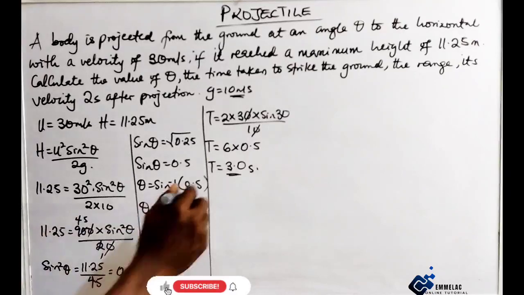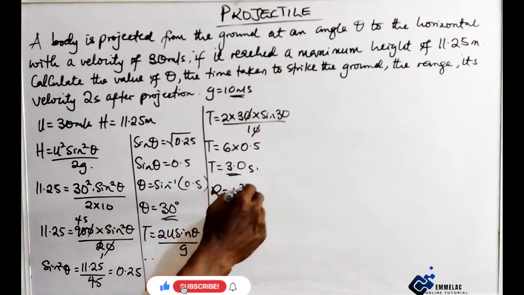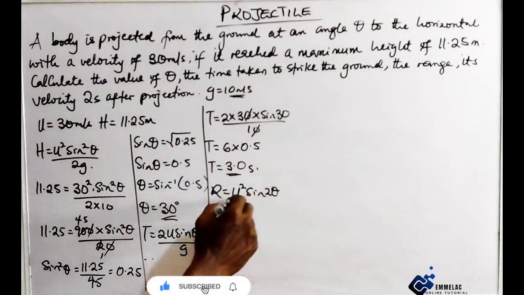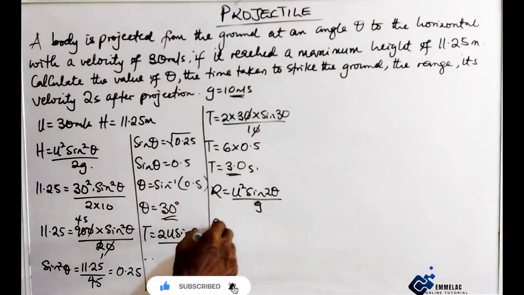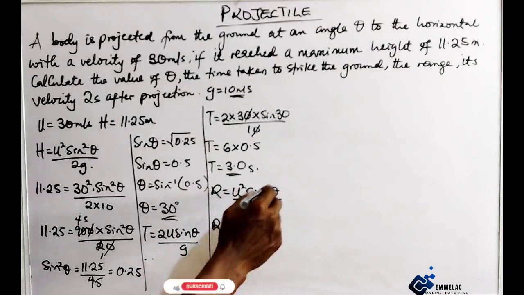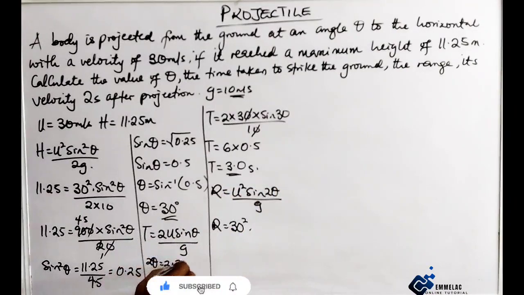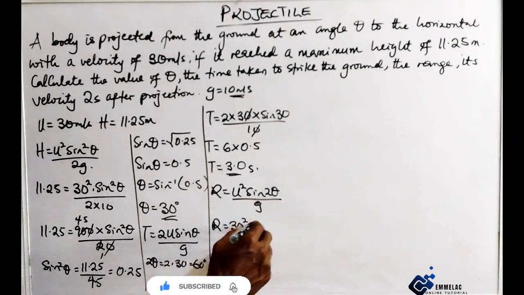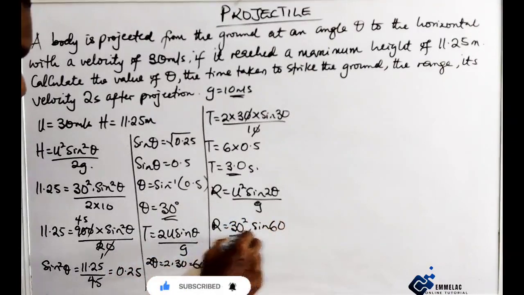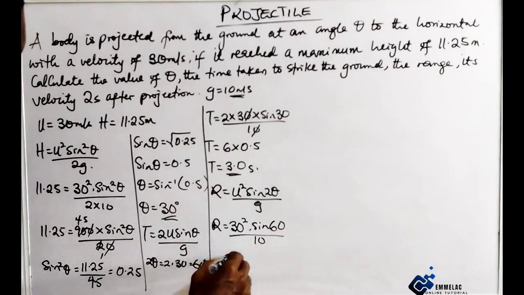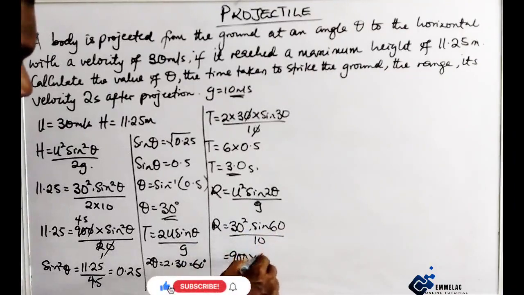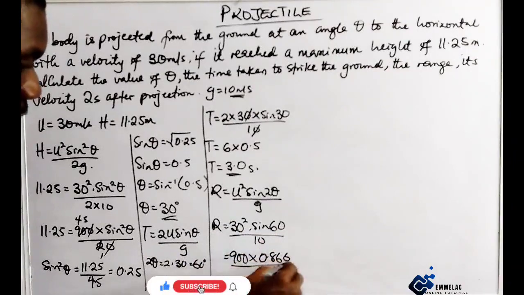Alright, now the next one says the range. Calculating the range, we have that R equals u square sine 2 theta over g. So our u is 30 raised to the power 2, times sine of 2 theta. 2 theta is 2 times 30, which gives us 60. You have sine 60 over 10. This gives us 900 times sine 60, which is 0.866, over 10.